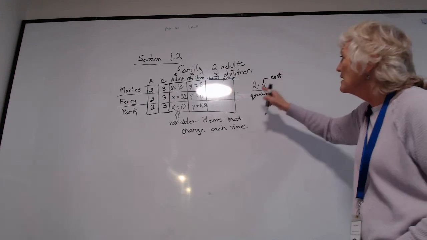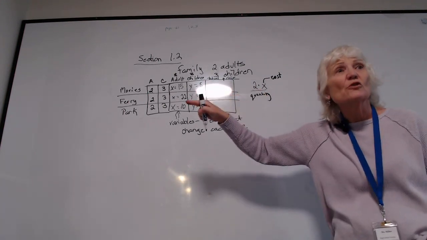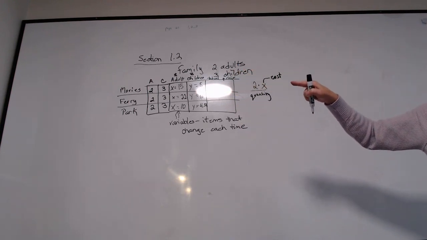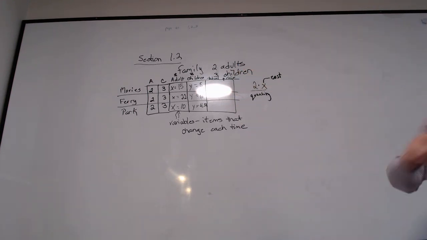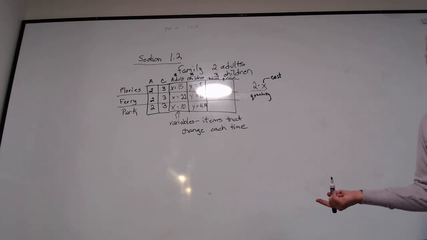So quantity times cost is always a total cost for something, okay? That will be something we will use over and over and over in algebra, so just get used to that. The amount, the quantity, times the price is the total cost for that.